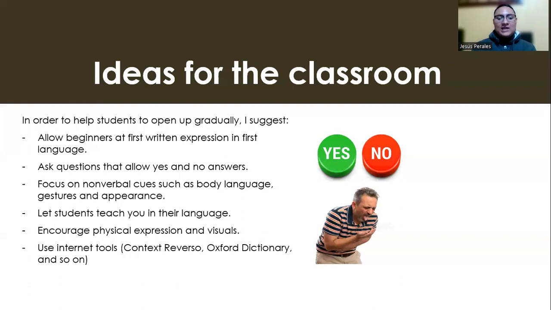The fourth one is let students teach you in their language. Most of the time, the students, as I mentioned previously, are going to need to communicate, to express concerns, to express doubts, to ask for permission in the classroom.